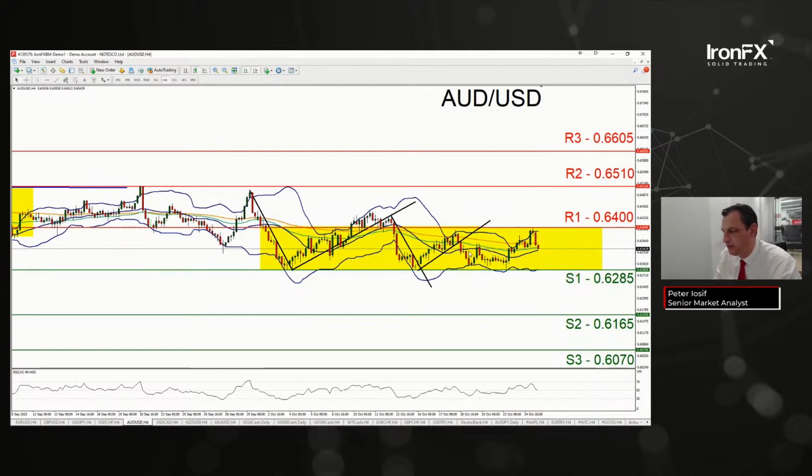Once again, base scenario for the Aussie being set at a sideways motion between the R1 and the S1.